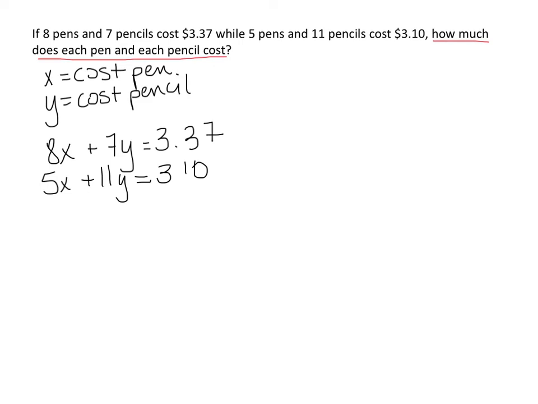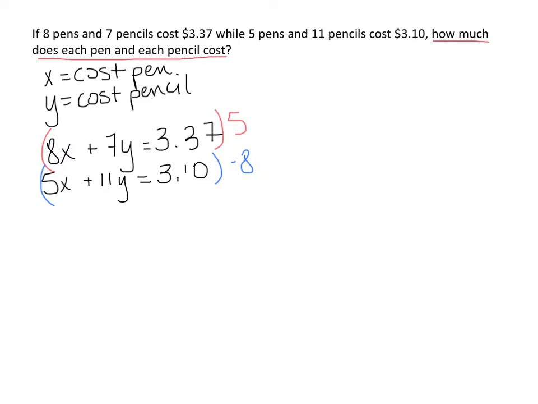Based on the setup of this equation, I think that solving by elimination is probably the best option. I notice that if I just add these together, nothing eliminates. So I will multiply this first equation by 5. I will multiply the second equation by -8 because I want to eliminate the x's. I need one of them to be positive and one of them to be negative.